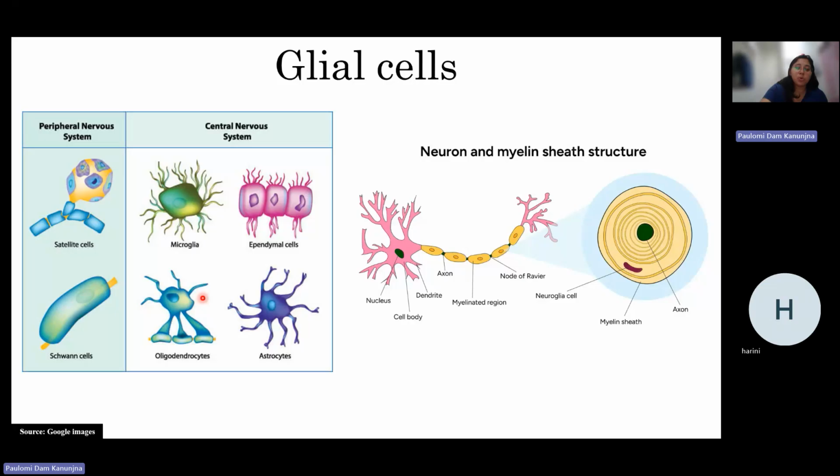Remember we spoke about myelination and its importance. So these cells are responsible for the myelination of the neurons in the CNS. Similarly, if you have oligodendrocytes in the CNS, you have Schwann cells in the PNS which myelinate these neurons. Then you have microglia. These microglia are basically the immune cells of the CNS, the cells that I just told you are responsible for the inflammation in response to an injury, right?